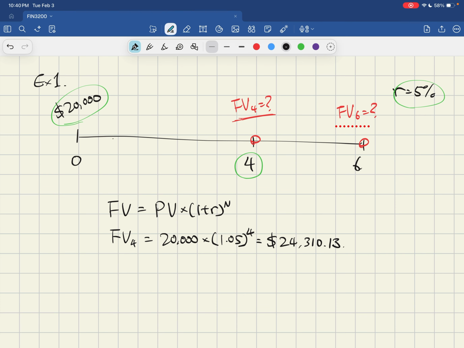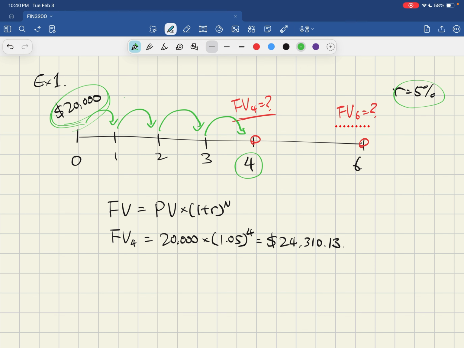So if we were to mark the individual years like this, the value, 20,000, just grows by 5% in year 1, another 5% in year 2, another 5% in year 3, and another 5% in year 4.